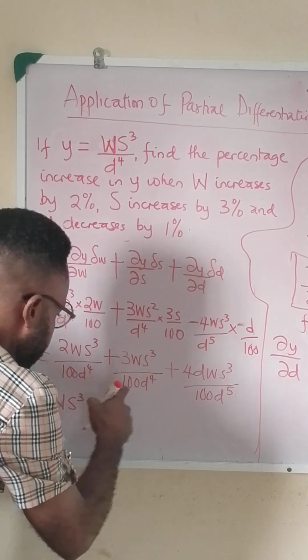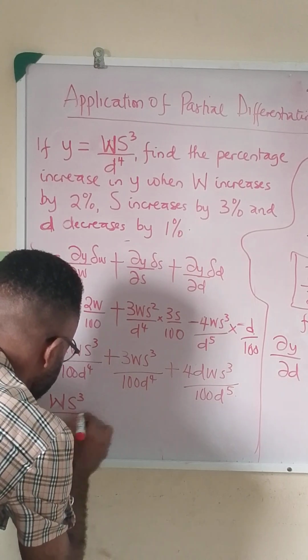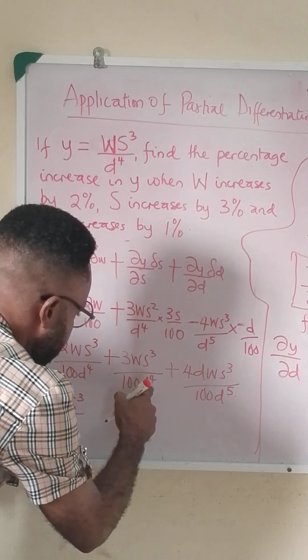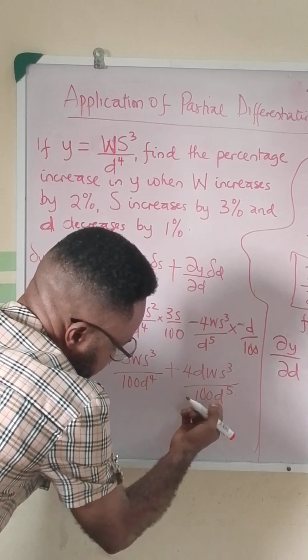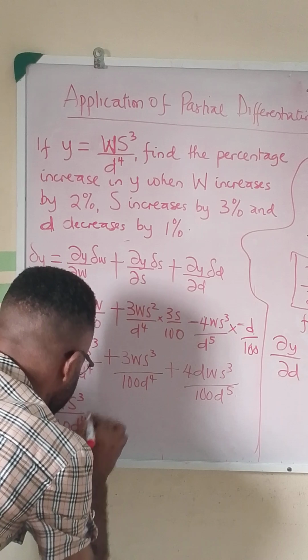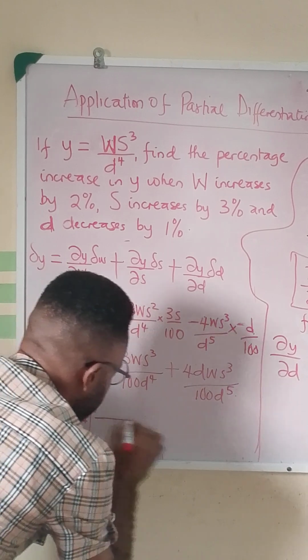Now we know 100 is common here, so we say over 100, and we can also factorize out D raised to power 4.